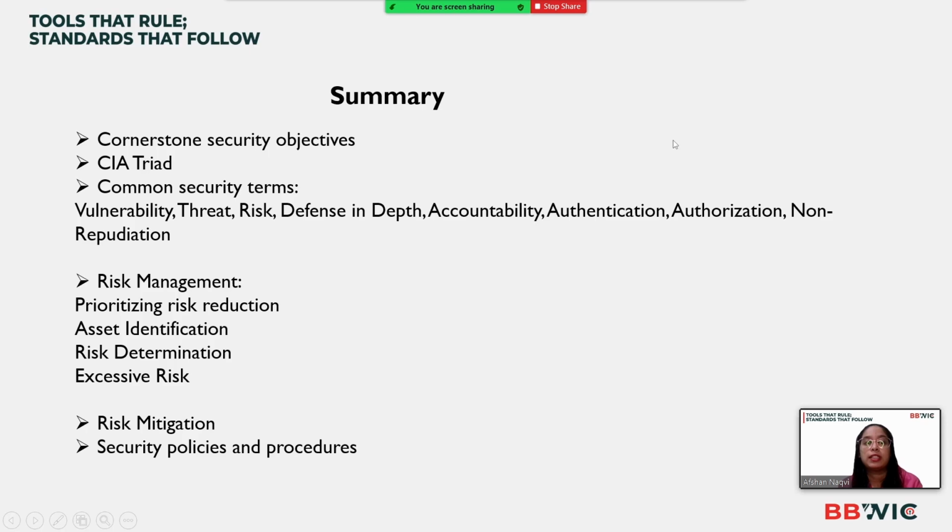And we have also discussed the risk management strategies. The first one is prioritizing risk reduction, asset identification, risk determination, excessive risk, and we have also covered the risk mitigation. We have seen the four ways we can mitigate risk. And last topic, we have seen the security policies and procedures.